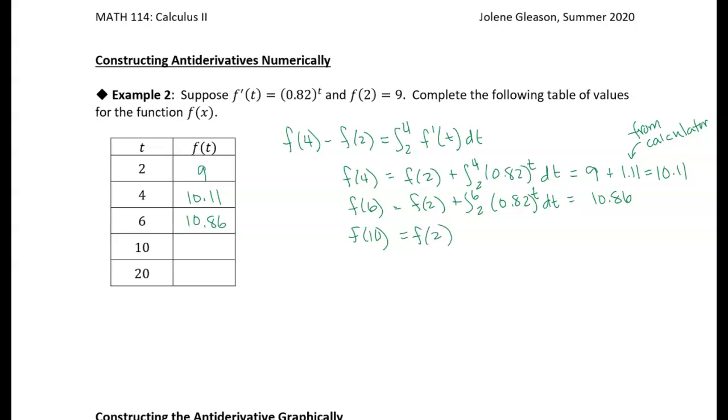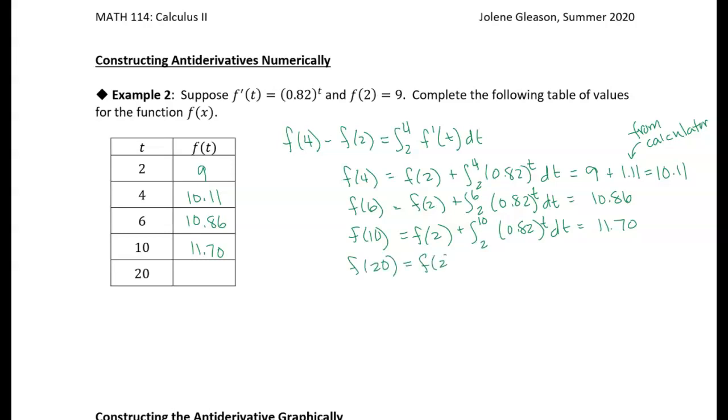All right, so we want f of 10 next, so I want to take f of 2 and integrate from 2 to 10, same function. Put it in my calculator, and I got 11.70. And finally it's asking for f of 20.